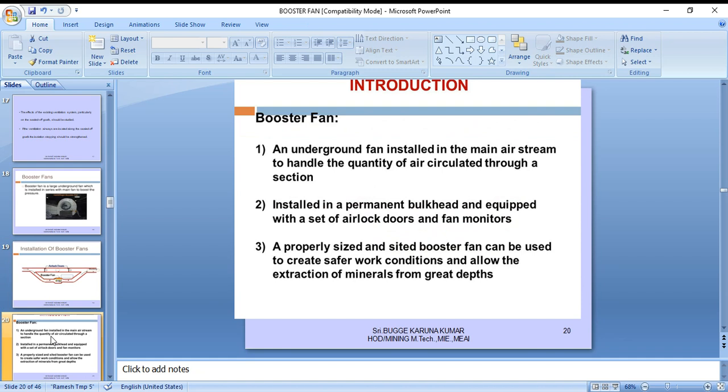So now, an underground fan installation in the main air stream to handle the quantity of air circulating through a section is installed in a permanent bulkhead and equipped with a set of airlock doors and fan monitors.